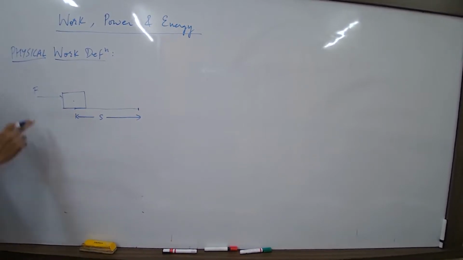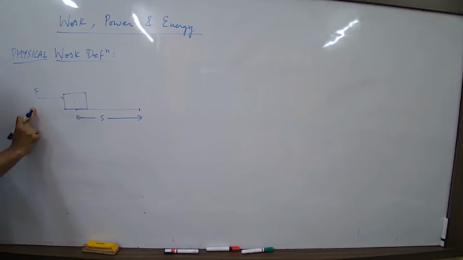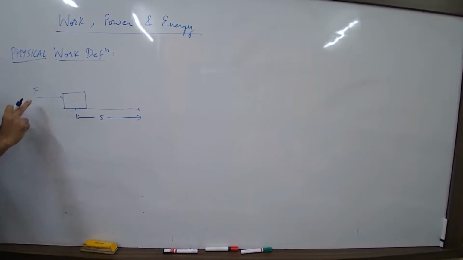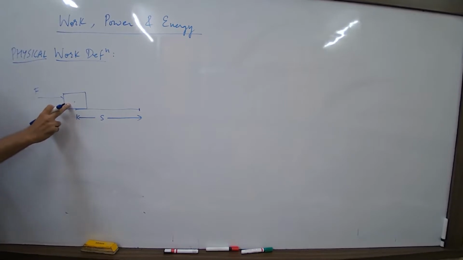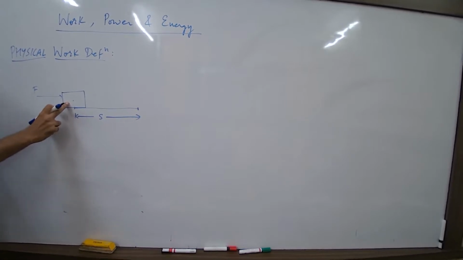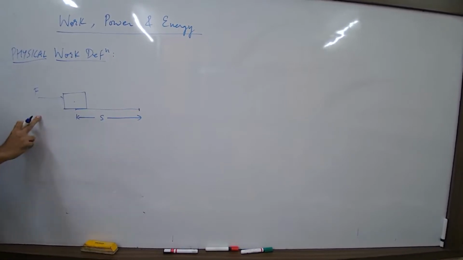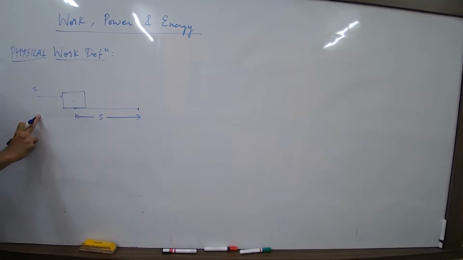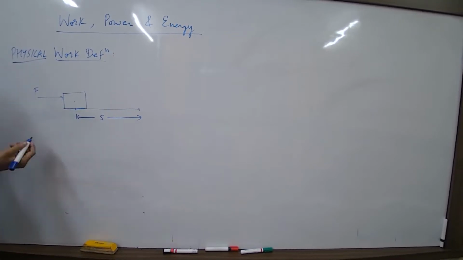So be very clear, who is doing the work? The force. Where is the work done? On the object. When do we say that the work is done? When the object moves under the application of force. Clear? Okay. So how do we define the work done?